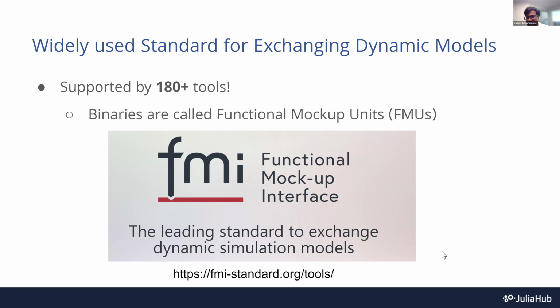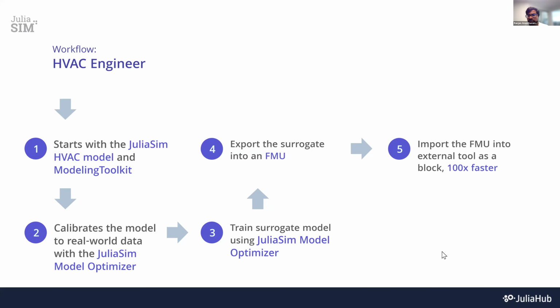So with JuliaSim, we leverage the standard for two broad workflows that we can think of with the FMI standard. The first one is what I'm going to show you a bit of today, and I'll talk to you about the second one.